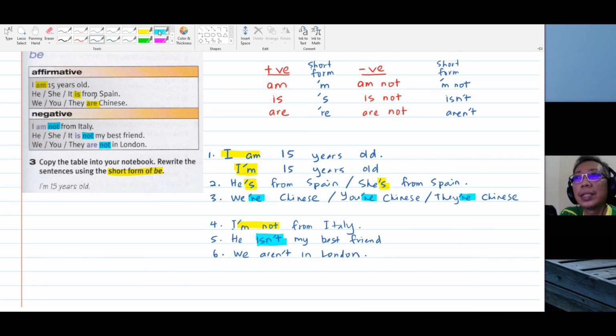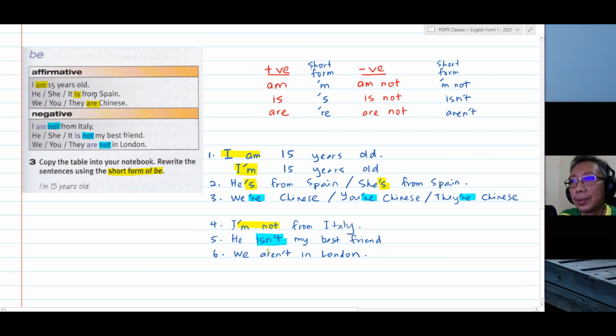You aren't in London, or they aren't in London. Okay, this is how you write the sentences from the table, but using the short form of be. Okay, you may check all your answers and make correction if necessary.